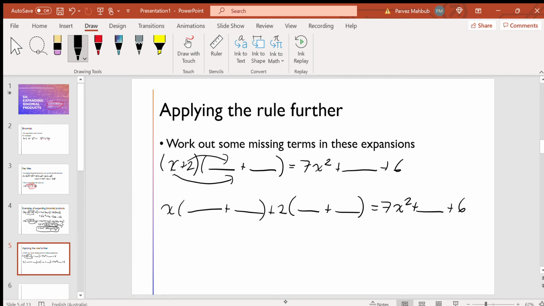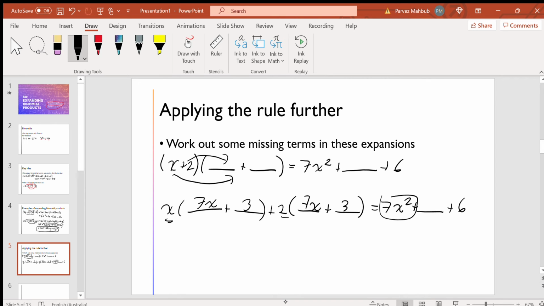Now we can see that we can get 7x squared with x if we put a 7x here, because x times 7x is equal to 7x squared. Since there's a 7x here, there must be a 7x over here as well. And we can see that we can get a 6 if we multiply 2 by 3. So we put a 3 here.